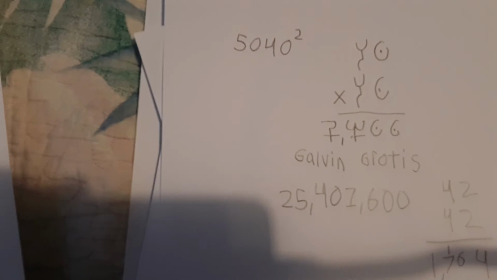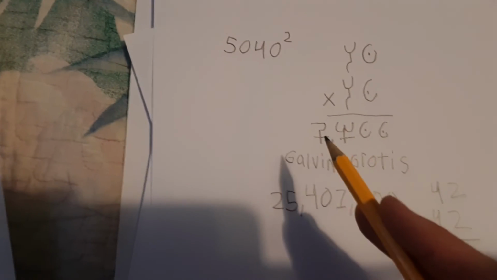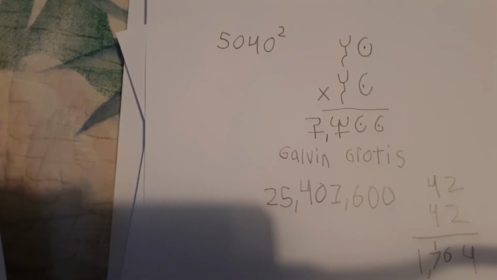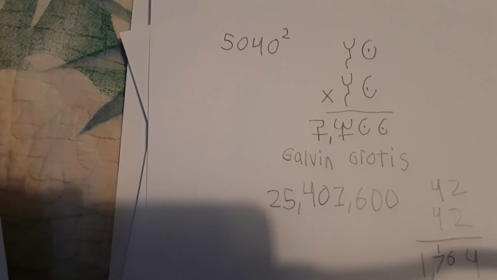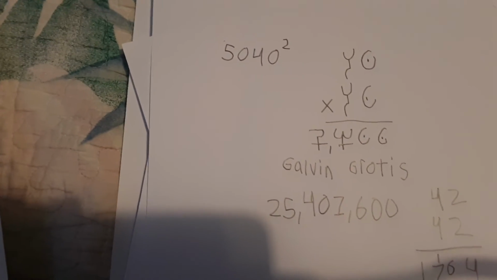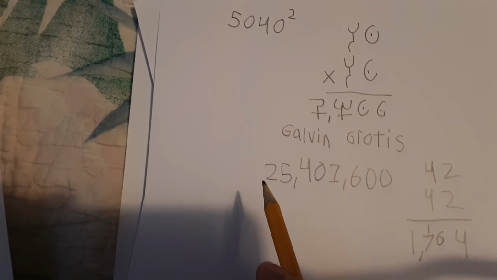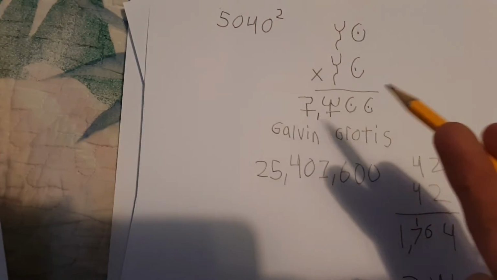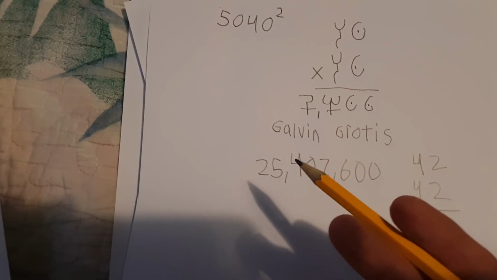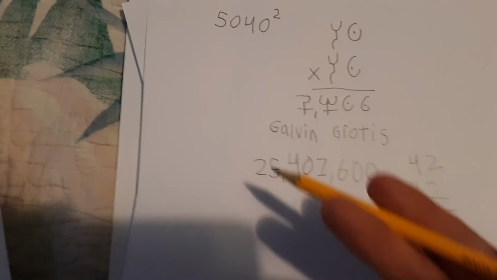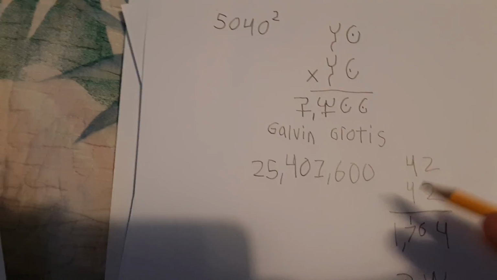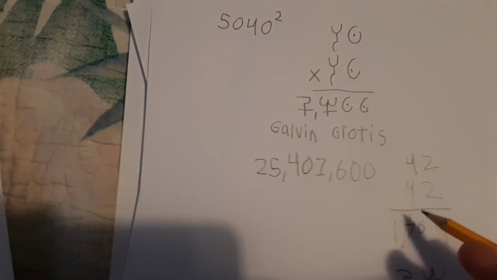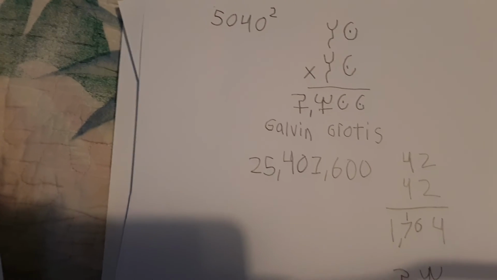So that is exactly 14 Galvin, 84 Grotist, instead of having to remember 25 million 401,600, right? All those powers of 10s. We only have to remember 2 powers of 120.